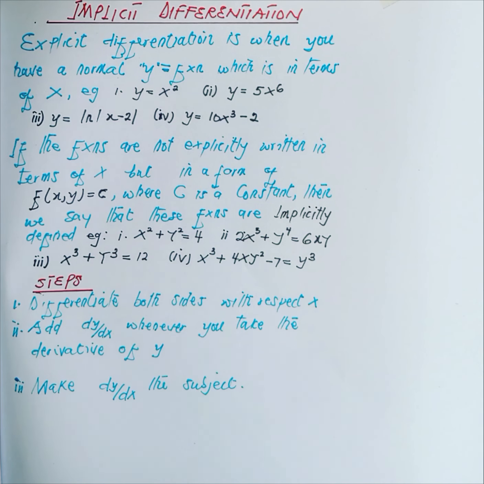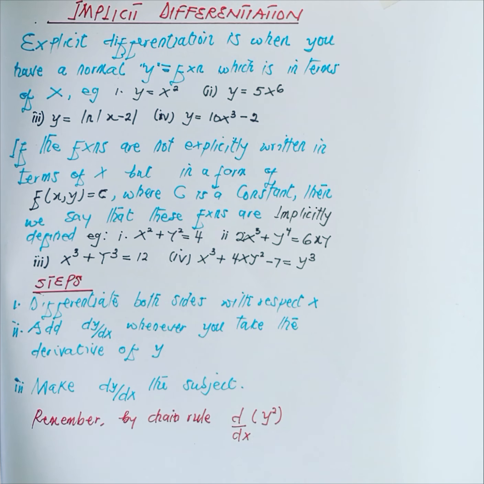Somebody may ask, why do we add dy/dx whenever we take the derivative of y? Remember, by the chain rule, whenever we differentiate a function, we differentiate the outer function and then the inside. Let's take the function y squared.